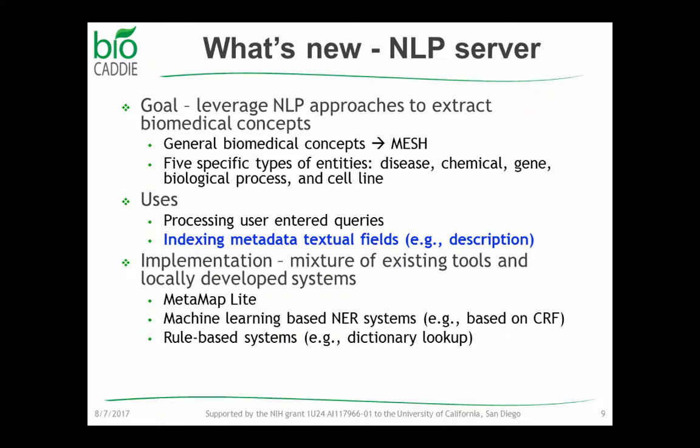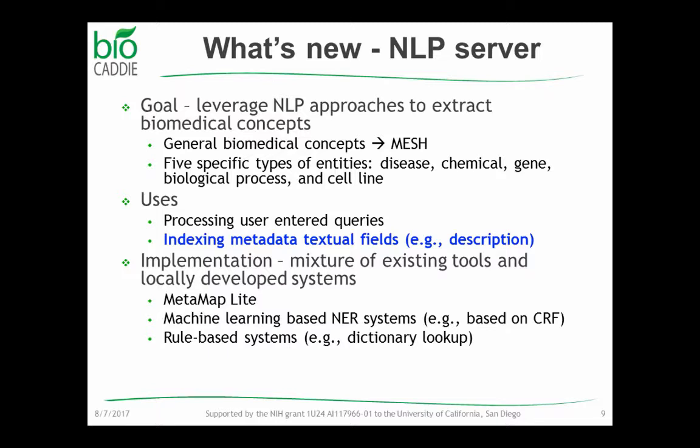And a brief introduction about the NLP server. The goal is to leverage natural language processing approaches to extract biomedical concepts. Right now we extract several specific types of entities: general biomedical concepts to MeSH, and specific ones like disease, chemical, gene, biological process, and cell line. We have individual NLP components that recognize those entities.